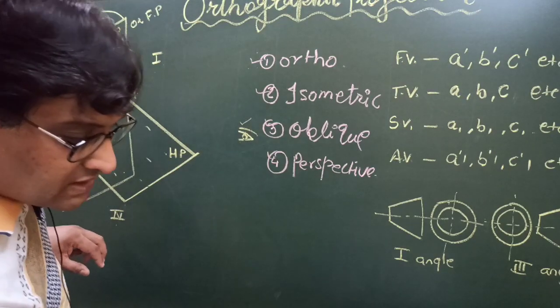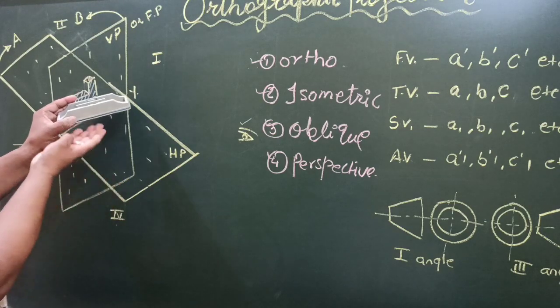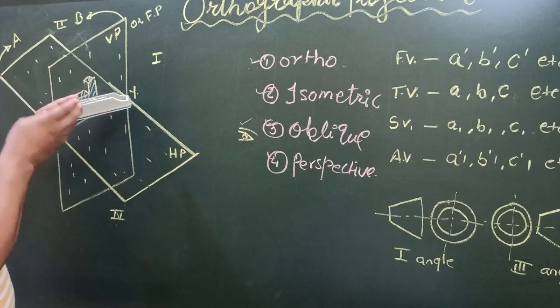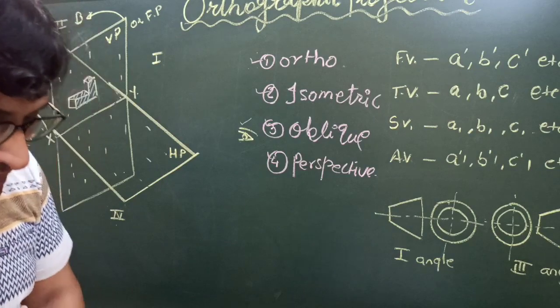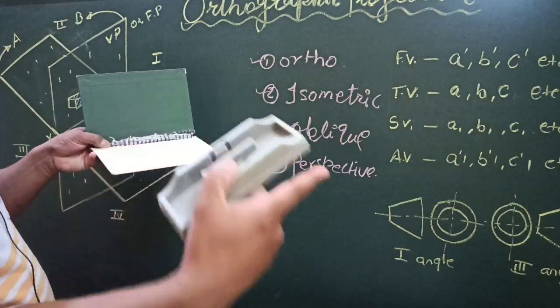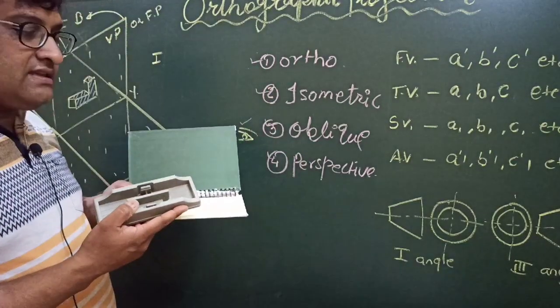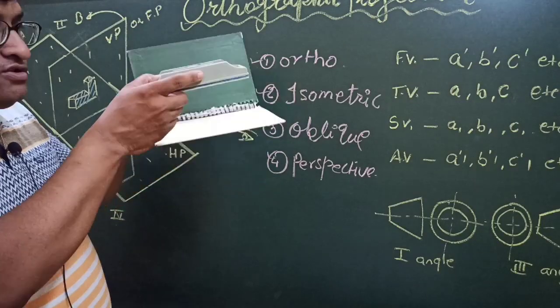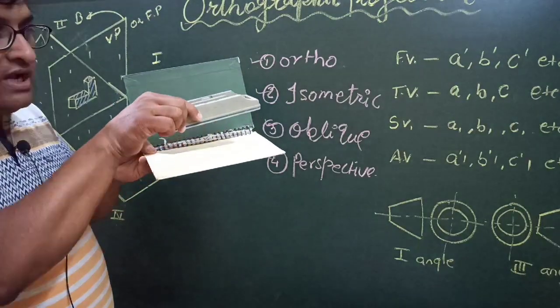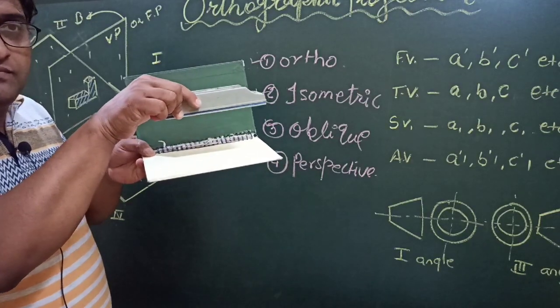If the object is here, say it is above HP and in front of VP like this, the object is situated in the first quadrant. The observer is from this side, meaning you may consider yourself as the observer and this is the object. So now this object is above HP and in front of VP.